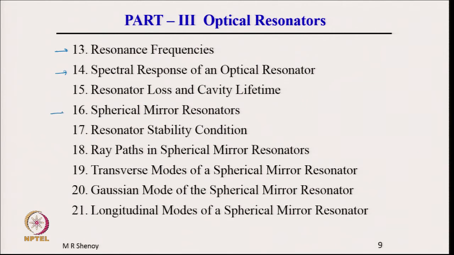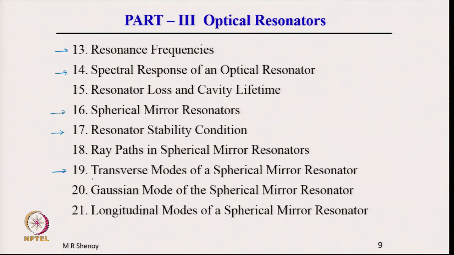Then we picked up spherical mirror resonators, which are the widely used resonators, and using the ray theory we obtained the resonator stability condition. We then used a matrix approach to trace rays through the resonator, the ray paths in a resonator, and subsequently we went on to discuss transverse modes of the spherical mirror resonator.